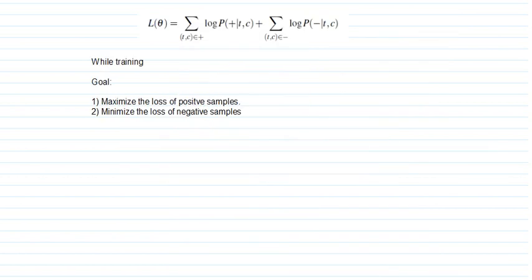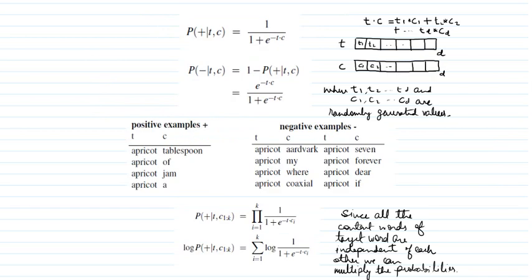So after the learning, when we maximize and minimize this goal, collectively we apply this goal while training. The values of the vectors T and C for each word will get changed. How do they get changed?